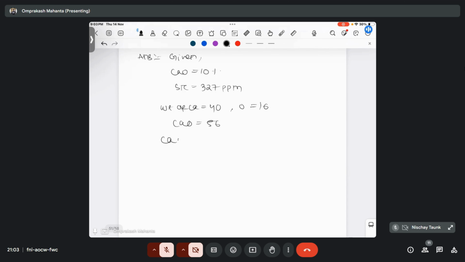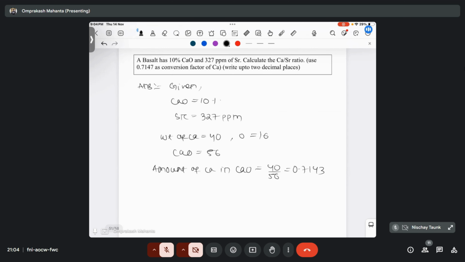So what will be the amount of Ca in CaO? That will be 40 by 56, which is 0.7143.